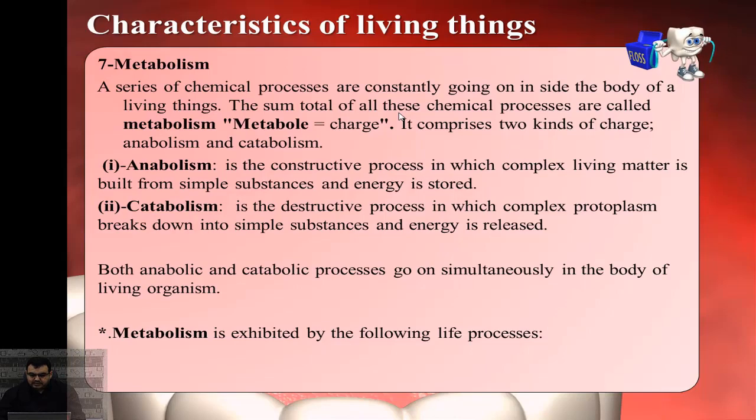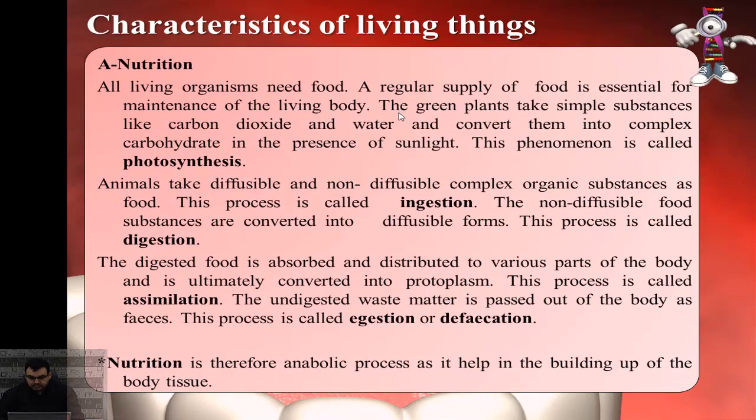Catabolism is the destructive process in which complex protoplasm breaks down into simple substances and energy is released. Both anabolic and catabolic processes go on simultaneously in the body of a living organism. Metabolism is exhibited by the following life processes.